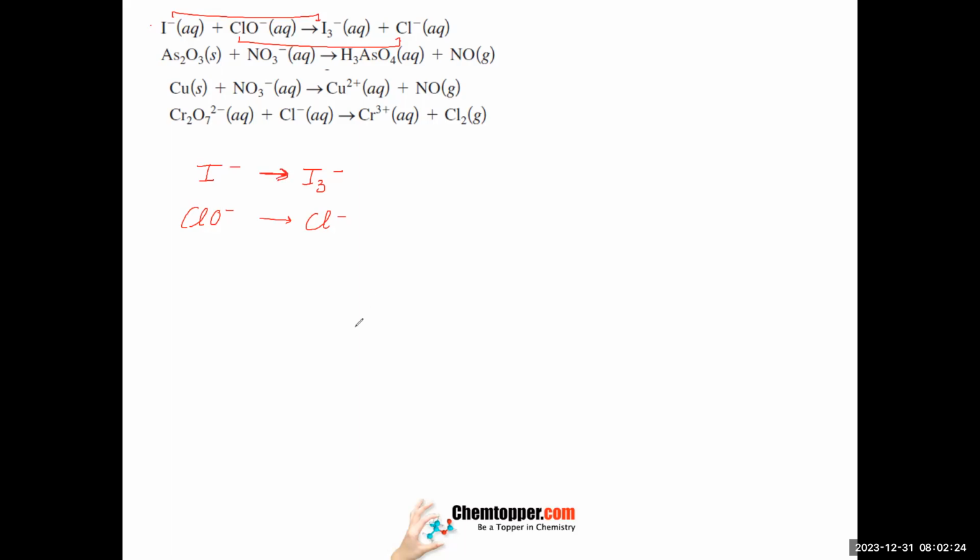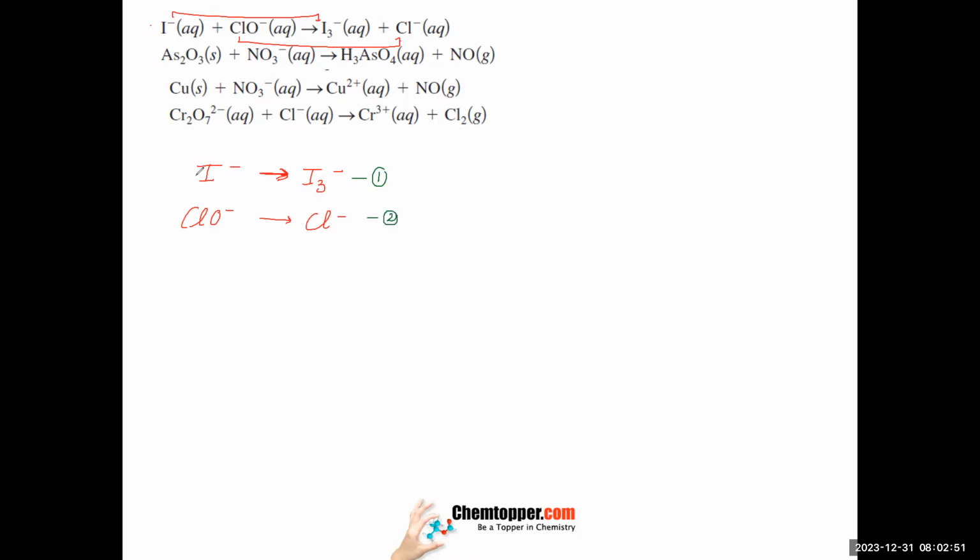Now balance these two half reactions. So balance the atoms other than hydrogen and oxygen. So what should I do in this equation 1? These are the two half reactions.